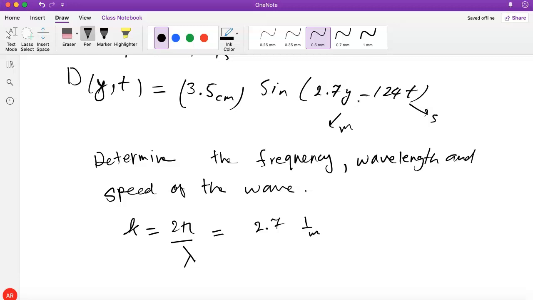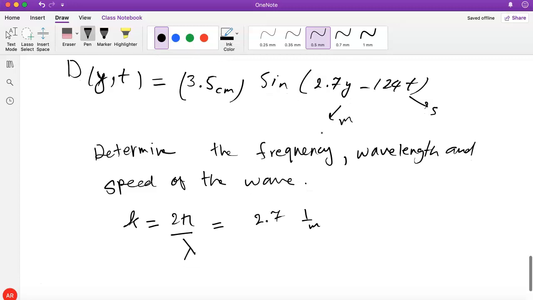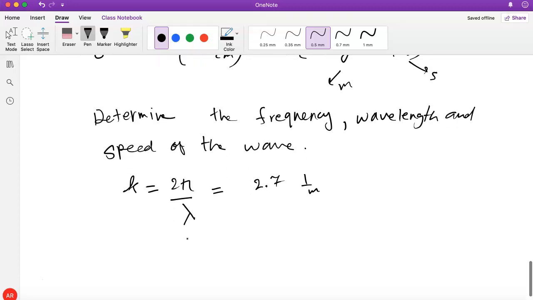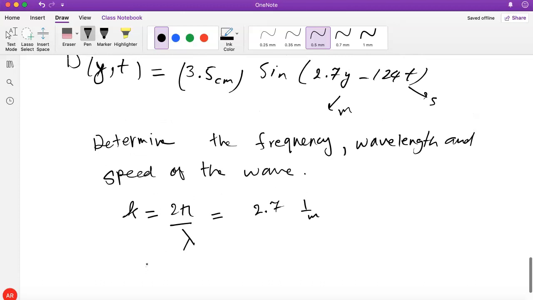What multiplies the time is 2 pi over the period, or 2 pi times the frequency, so omega. So omega is 2 pi f, and that's 124. Again, the units are 1/s.